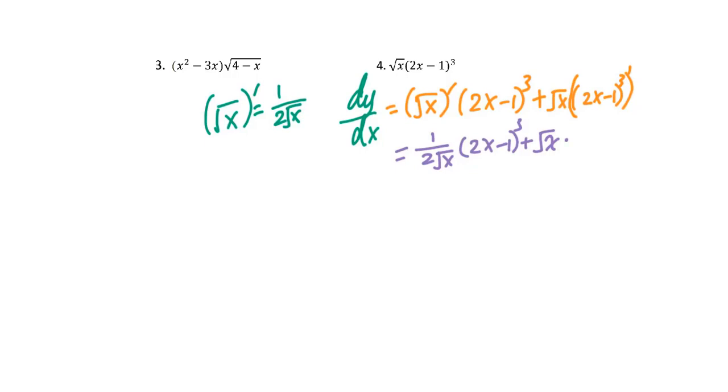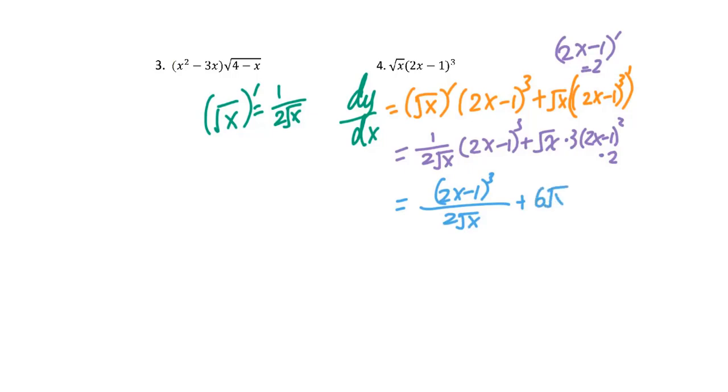And then we do 3 drop down, 2x minus 1 squared. Then don't forget, do the inside: 2x minus 1 derivative equals 2. So we multiply by 2. We organize. You will get 2 square root of x times 2x minus 1 to the third power, then plus 6 square root of x times 2x minus 1 squared.